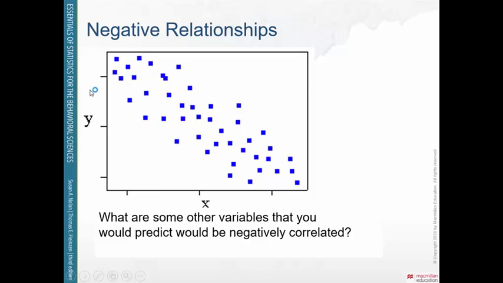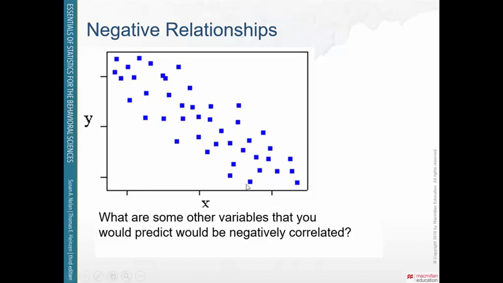People who are very low on hours of watching TV, they don't watch any TV, have very high GPAs, right? They have 4.0s because what else are they doing if they're not watching TV? They must be studying. And people who are very high on watching TV, they watch 80 hours of television a week, have very low GPAs. So this is a negative relationship.